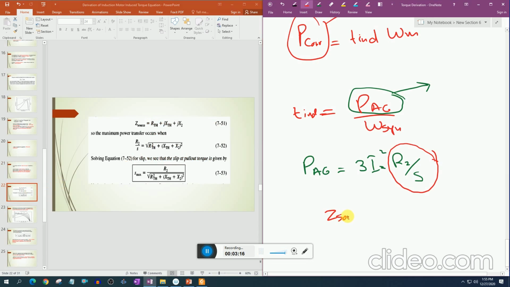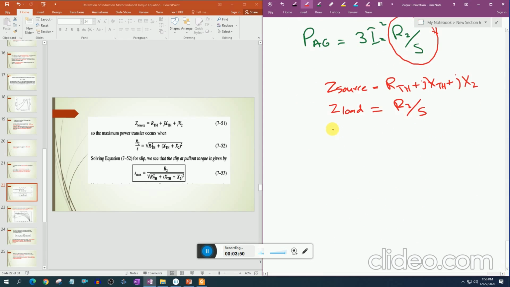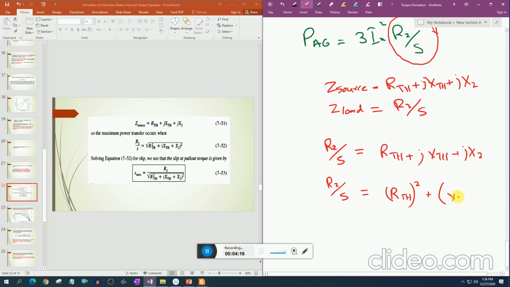The source impedance is equal to R Thevenin plus j X Thevenin plus j X2, and Z source is equal to Z load, which is R2 by S. When both are equal, the maximum power transfer occurs, so R2 by S is equal to R Thevenin plus j X Thevenin plus j X2, and its magnitude is R2 by S equals the square root of R Thevenin square plus X Thevenin plus X2 square.